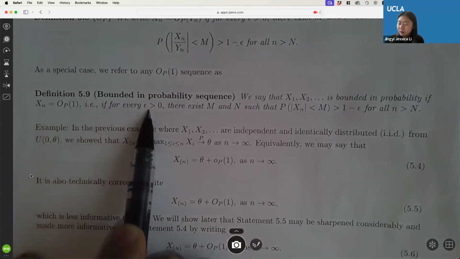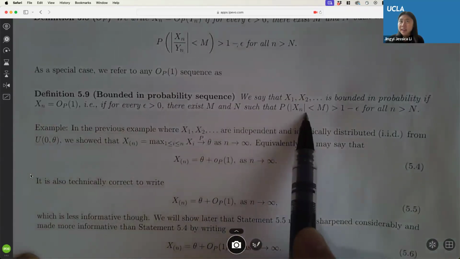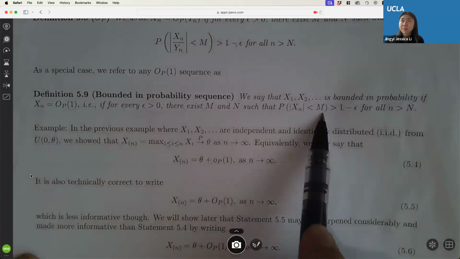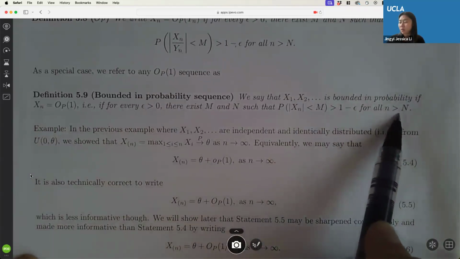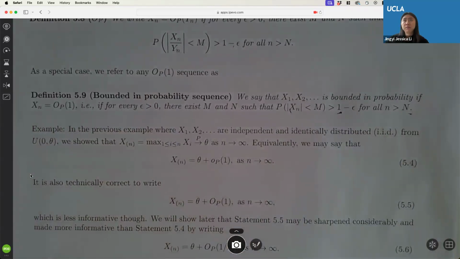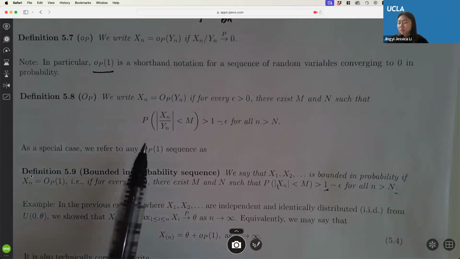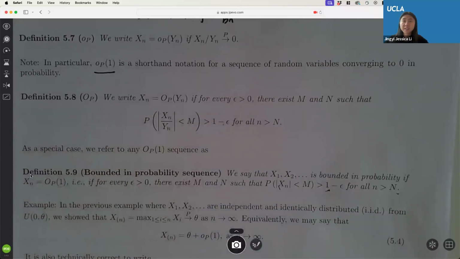That is, for every epsilon greater than 0, there exist M and N such that the absolute value of Xn is bounded by M with high probability, for all n greater than N. So you're just applying this concept of big Op and replacing Yn by 1. That's it.